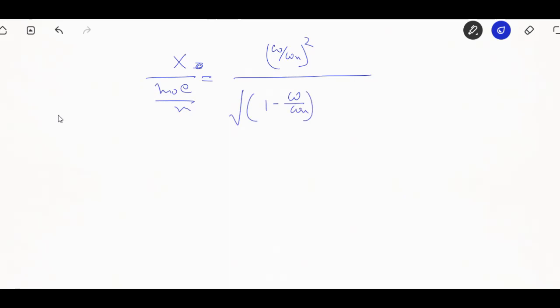Okay, so now our equation is x is equal to m naught e by m, times omega by omega n square, divided by the root of 1 minus omega by omega n square, whole square, plus 2 xi omega by omega n square.